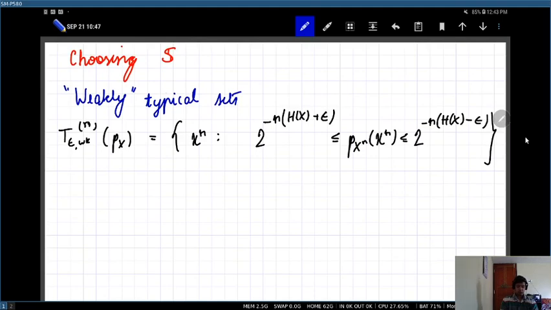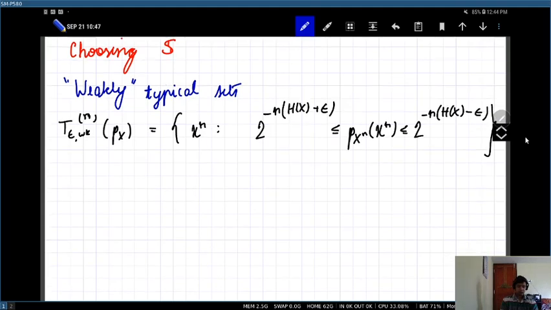So two classical examples are the classes of typical sets. These typical sets are special sets which are determined by the distribution Px, and they turn out to be very useful tools both for analyzing source codes as well as channel codes. Okay, so what is a weakly typical set? A weakly typical set is described by two parameters.